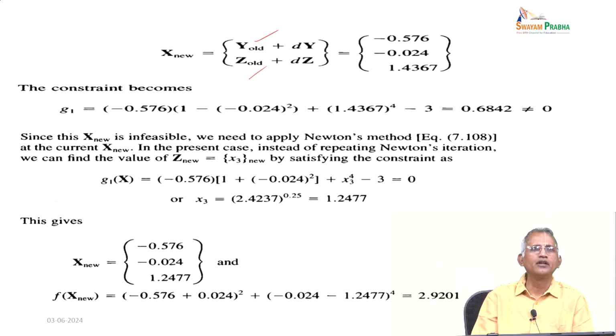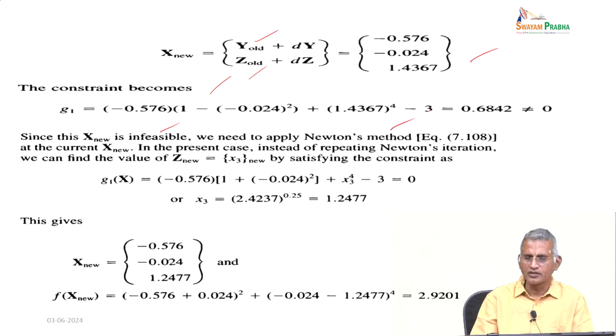Substitute the found values and you get the corresponding x new, and substitute these values in the constraint g1. So, the answer is positive and is not equal to 0. Therefore, the new x is infeasible.